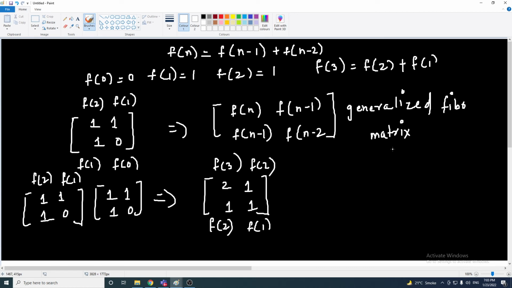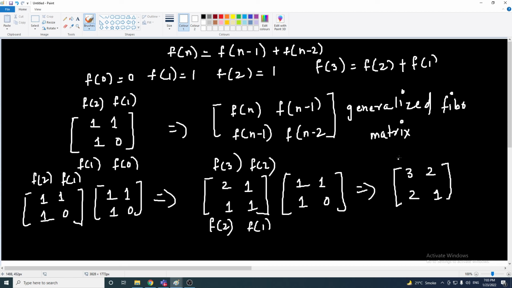Let's say we want to find the f of 4th term, that's f of 4, right? So we again multiply this matrix with 1 1 1 0. What does that give us? It fetches us this matrix, that is 3 2 2 1. How would I guess that? It's just because I observed the pattern. So it's f of 4 here, f of 3 here, f of 3, and then f of 2.